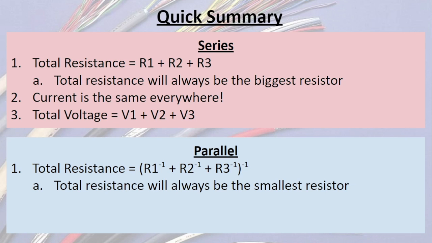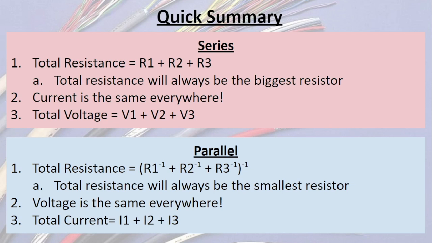The total resistance will always be the smallest resistor for parallel. Voltage is going to be the same everywhere for parallel. And lastly, total current can be found by adding the current of each individual part of the parallel circuit up. Or in other words, total current is the sum of all of the currents inside the parallel circuit.